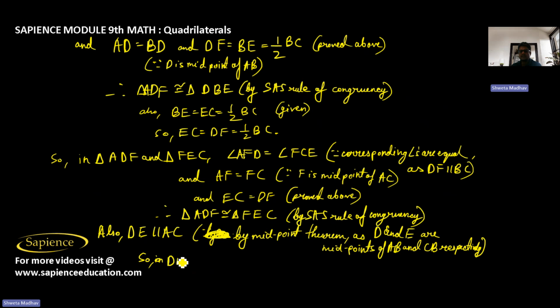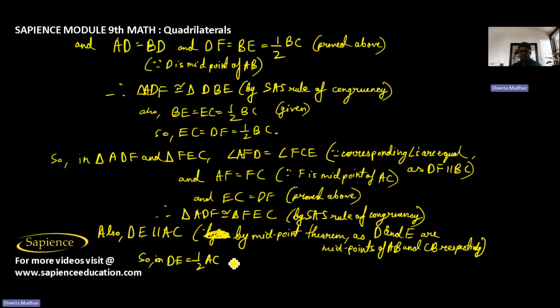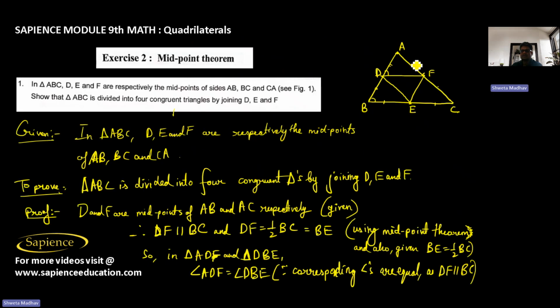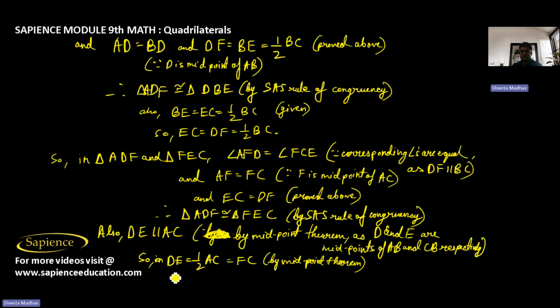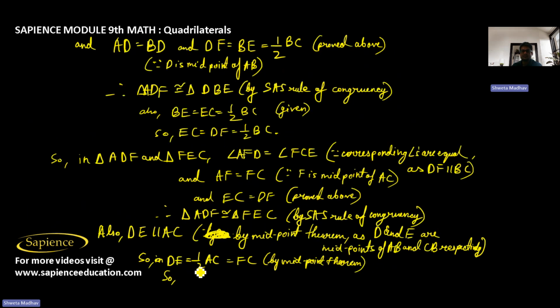So I can say that DE equals half of AC, which is equal to FC, by the midpoint theorem. So DE is equal to FC we have shown, and DF is equal to EC also we have shown.